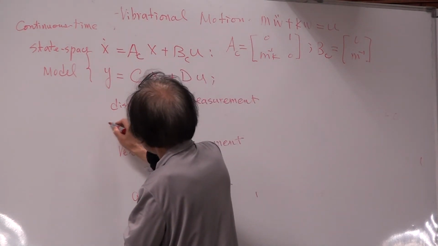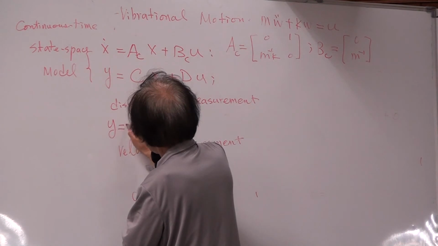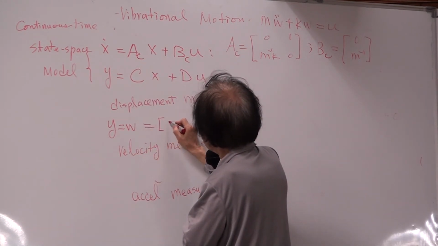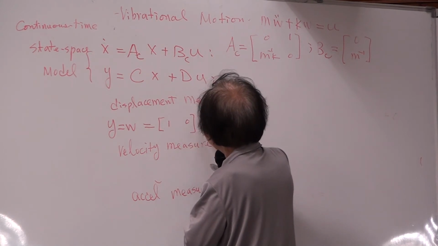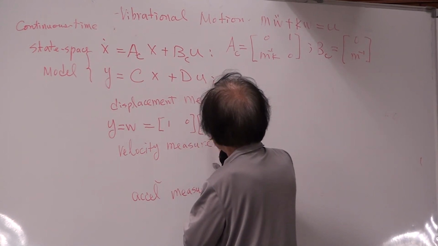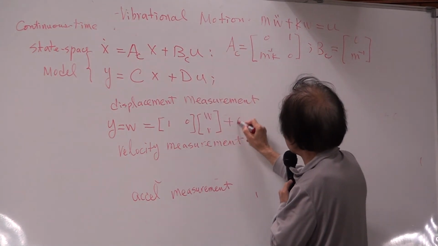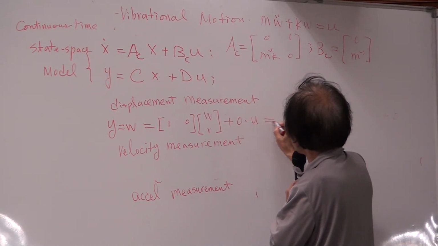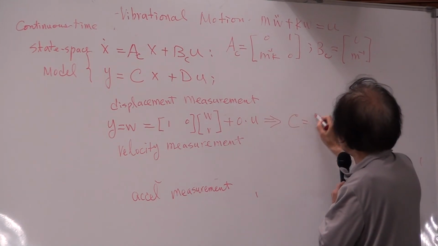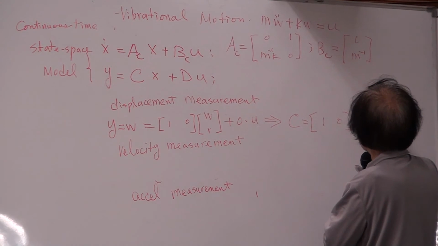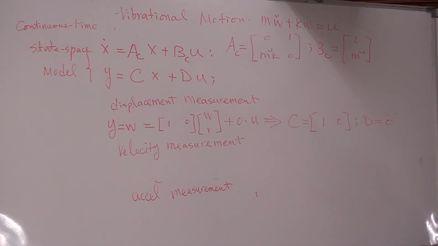For displacement, y equal to w, now equal to 1, 0, W V, plus 0 times U, so that means my C equal to 1, 0 and D equal to 0. That's my displacement.